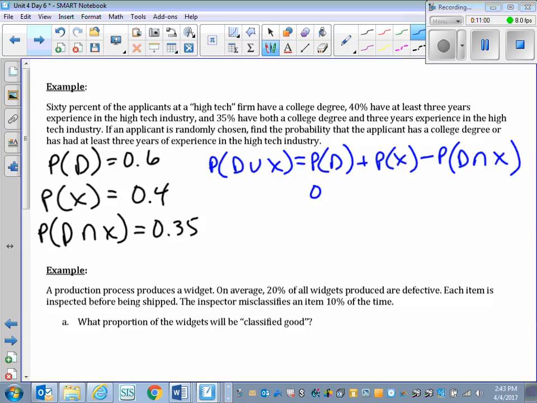So we're going to take our 0.6, add the 0.4, and then subtract the 0.35. So our answer is 0.65.